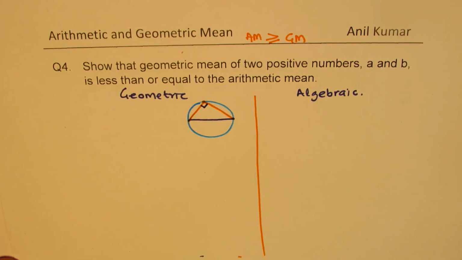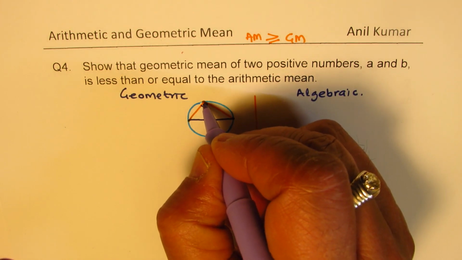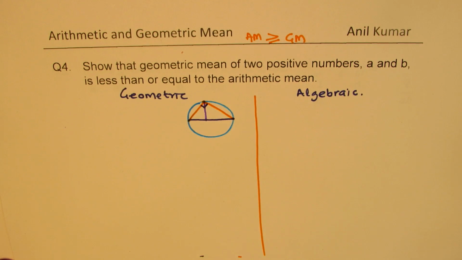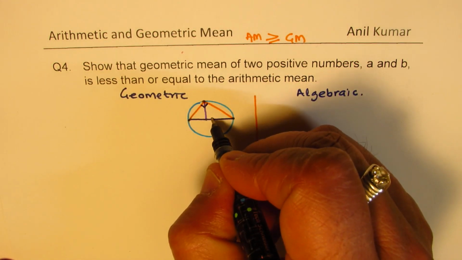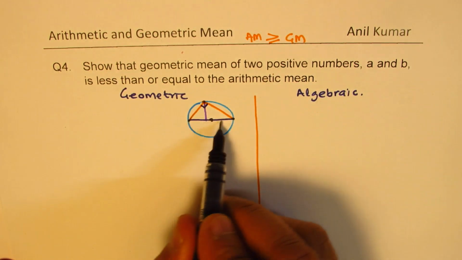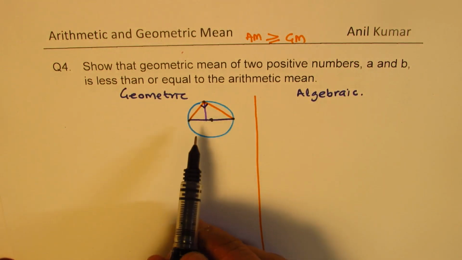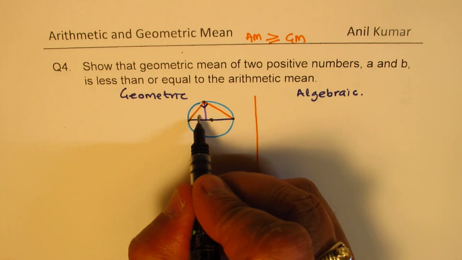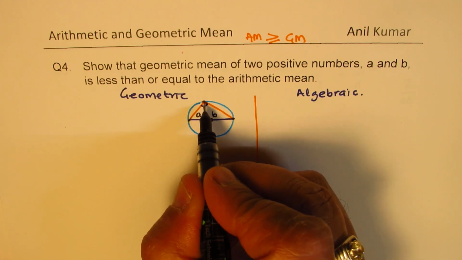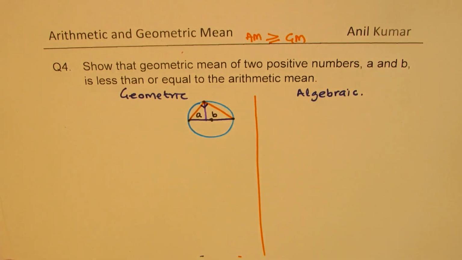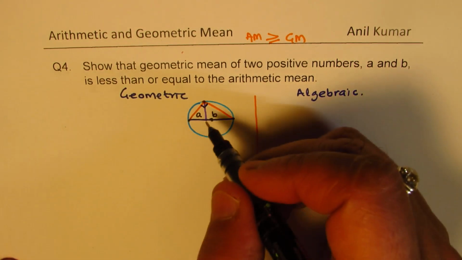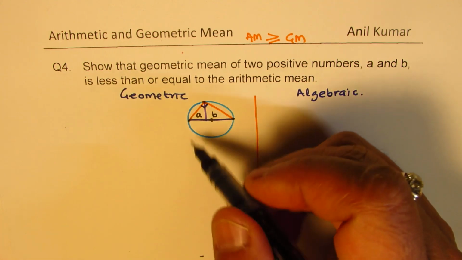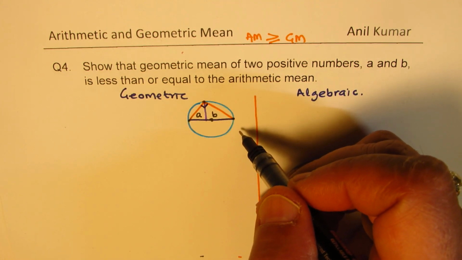Perfect. Now, from this right angle triangle, let me drop a perpendicular. In general, this will not go through the center, right? Now, let us say that this diameter is divided into two parts, A and B, by this altitude, or perpendicular from the third vertex, which is at 90 degrees with these two sides.